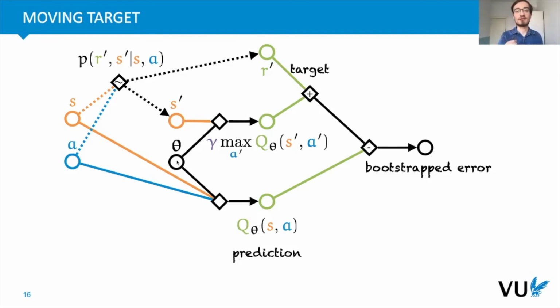So our target is actually also dependent on theta, because the target uses this Q function in the next state. So that seems weird, right? And indeed, it is pretty weird and pretty wrong. So what happens if you try to train it is that it just goes everywhere and basically keeps competing with itself because there's no clearly defined target, because you change your target while you're training. So this doesn't really work.